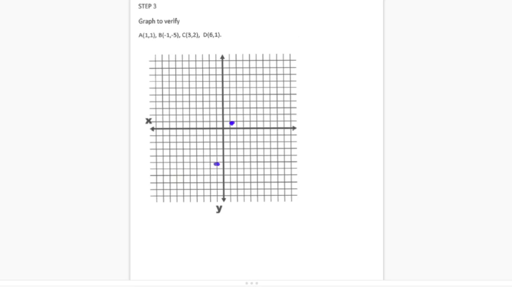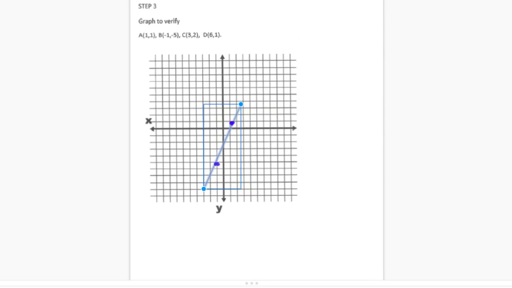So that's down here. I'm going to try to draw a really straight line. All right. So there's that line.